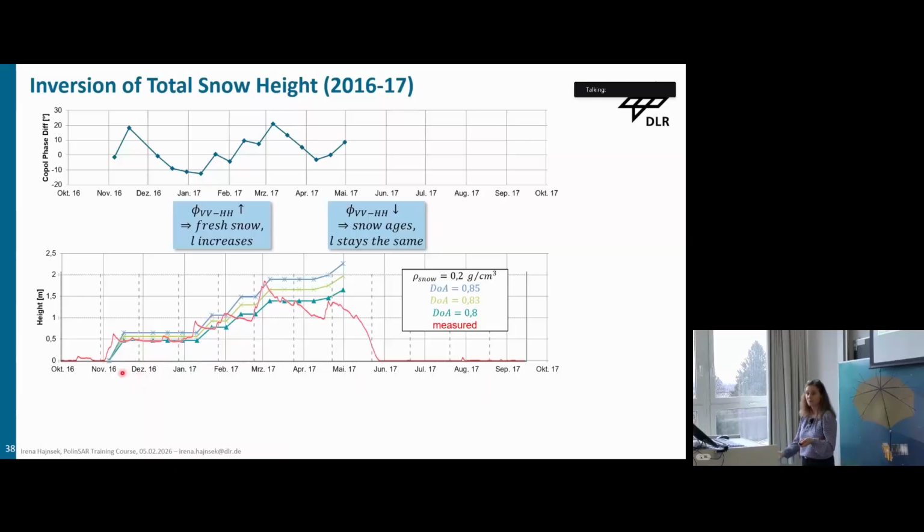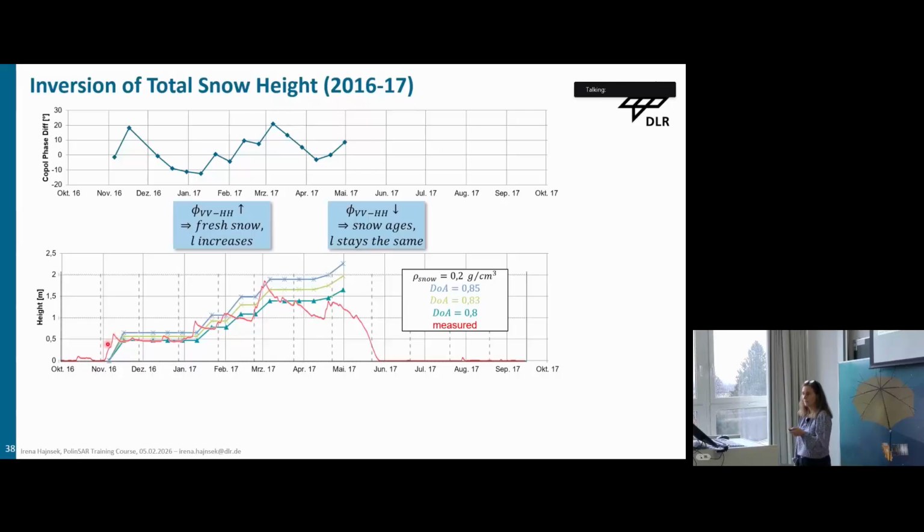This is over the Aletsch Glacier, the estimation now. These are between 2016 and 17. You see here you have no snow height difference, because the phase was 0, but then you start to increase, right?